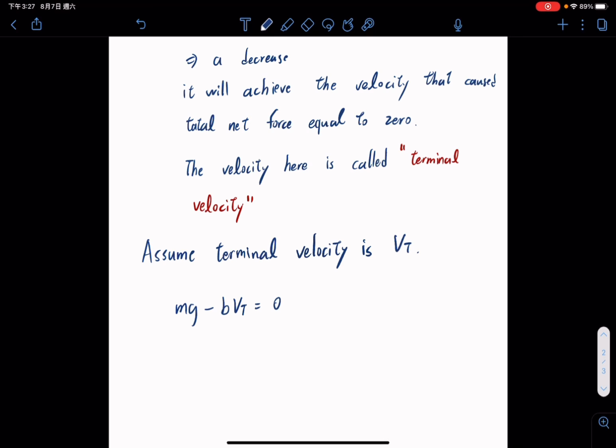So the terminal velocity is decided by m and b.